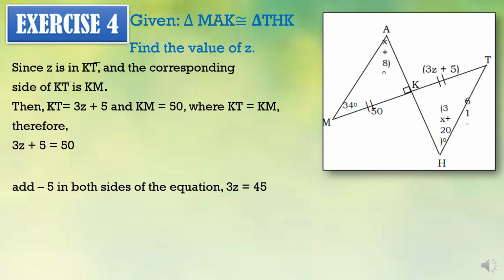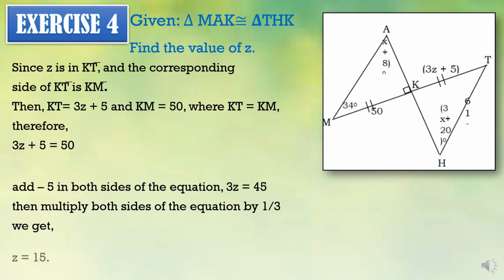So, you just have to add negative 5 on both sides of the equation. Therefore, 3Z is equal to 45. Then, multiply both sides of the equation by 1/3. We get Z equals 15.